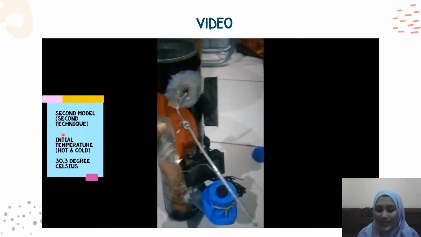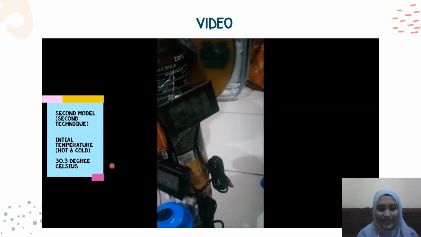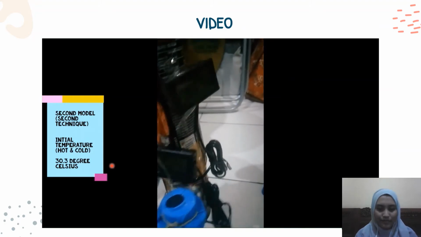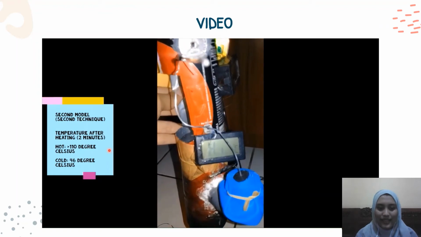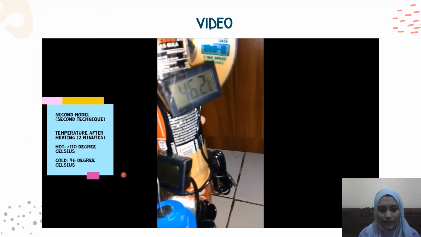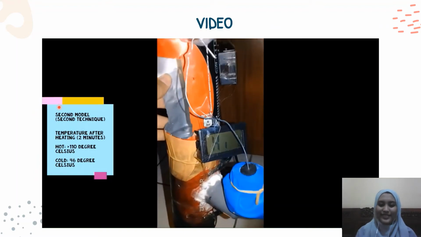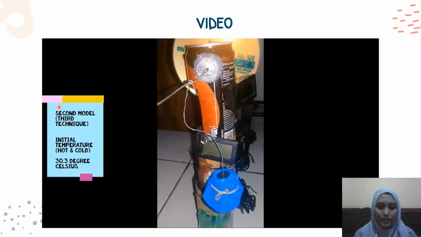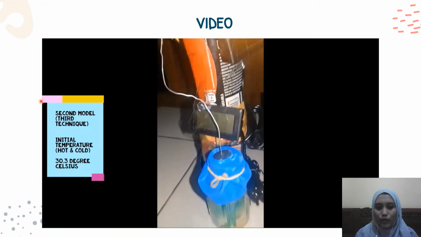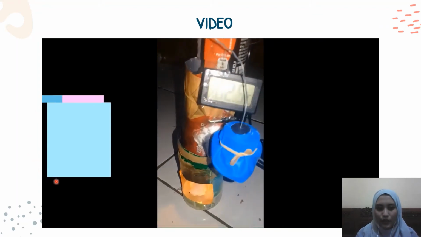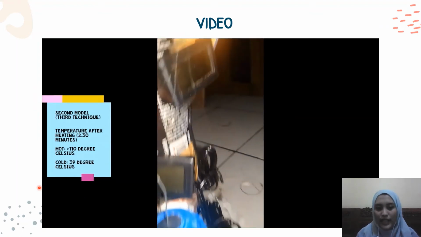And this is using the second technique of the second model. This is the result of the heating process using the second case and the second model. This is the second model using the third case, and this is the result of the heating process.